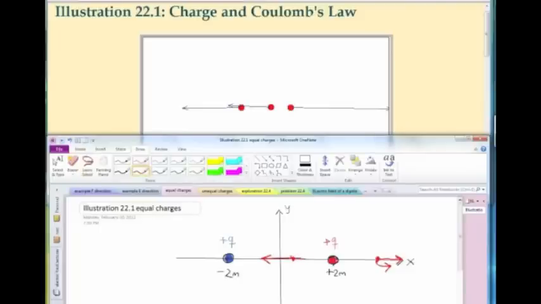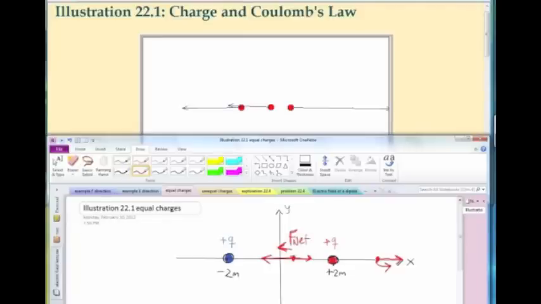It's repulsive. But it should be smaller because you're further away from that charge. When you're here, your distance to the blue charge is bigger than your distance to the red charge. So this vector is smaller than that one. Therefore, the net force on that charge is going to be to the left. This is the net force.